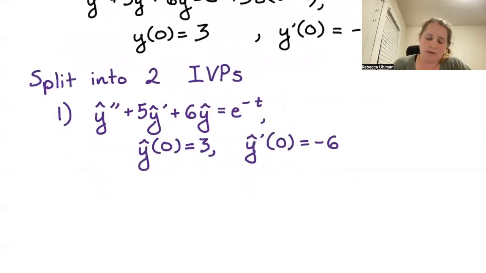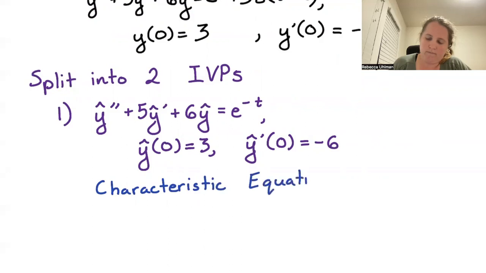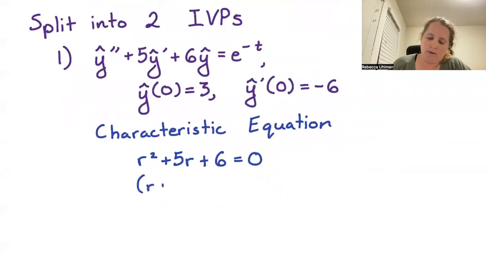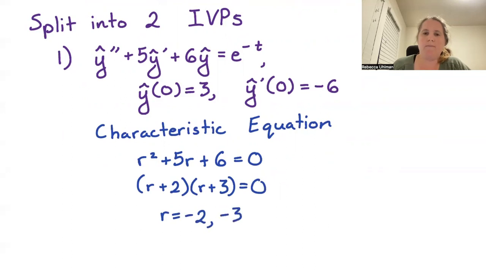So if we find our characteristic equation, we're looking at r squared plus 5r plus 6 is equal to 0, or r plus 2 times r plus 3 equals 0. We get r is negative 2 or negative 3.